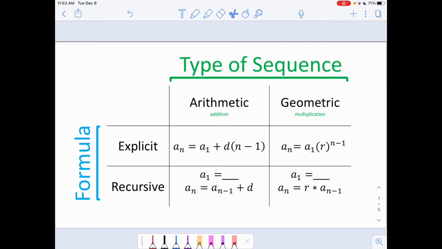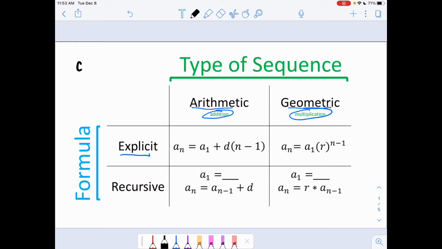Today we're going to focus on how to write explicit formulas for arithmetic and geometric sequences in context, meaning from a real-world problem. So let's remember that arithmetic means addition, geometric means constant multiplication, and both formulas are composed of two things.